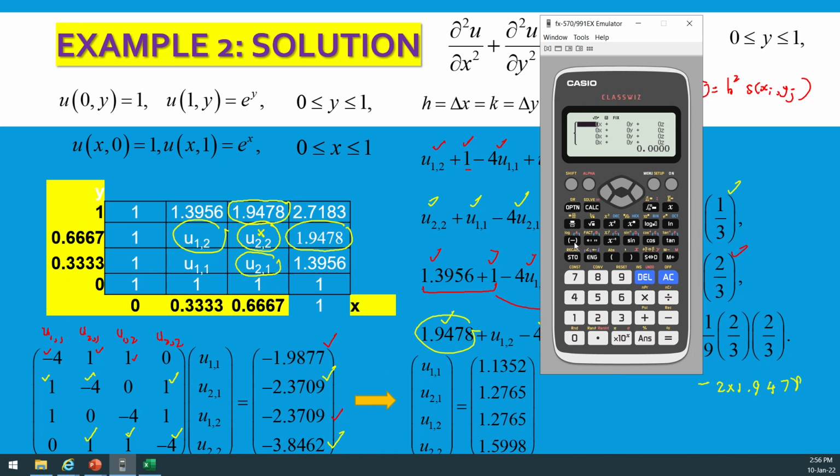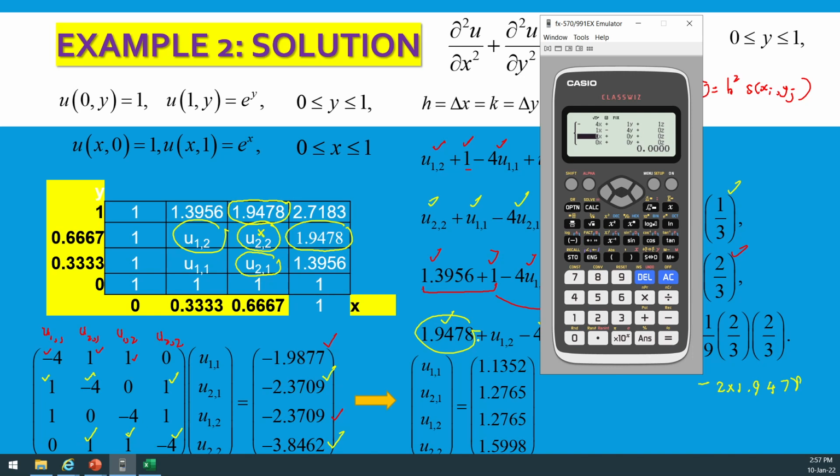So you have negative 4, 1, 1, 0, negative 1.9877. Then the second equation is 1, negative 4, 0, 1, negative 2.3709.